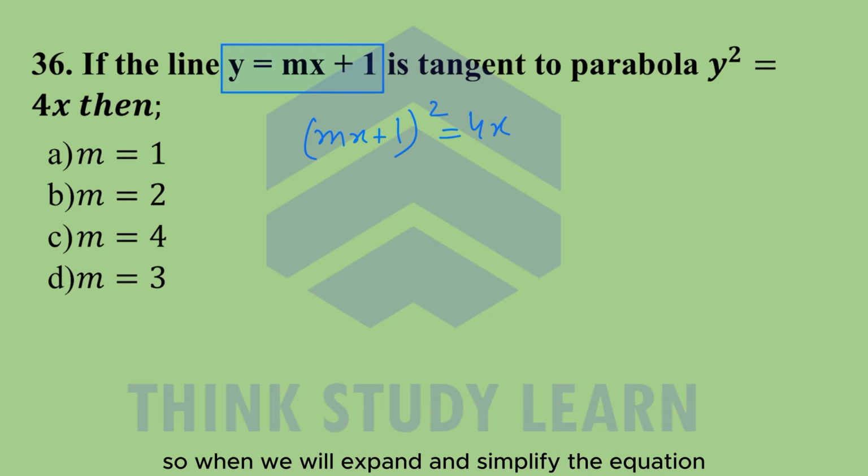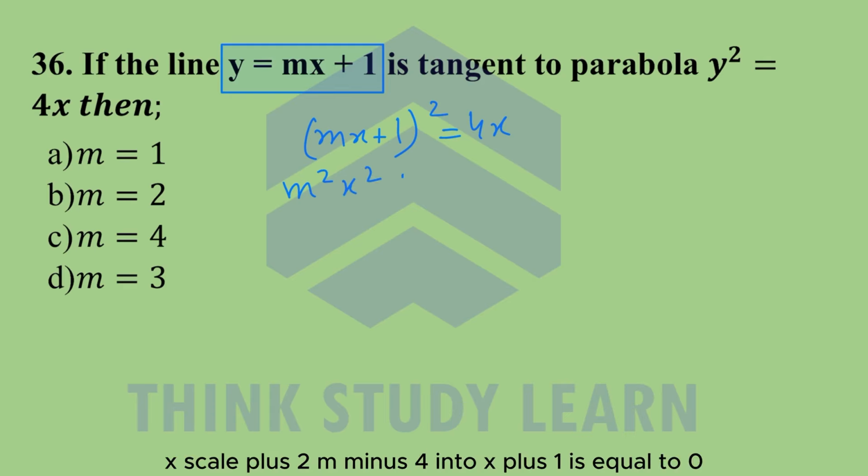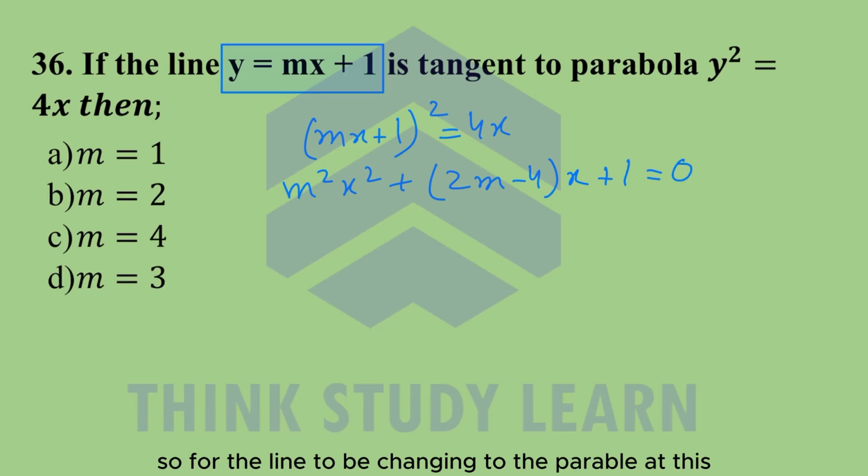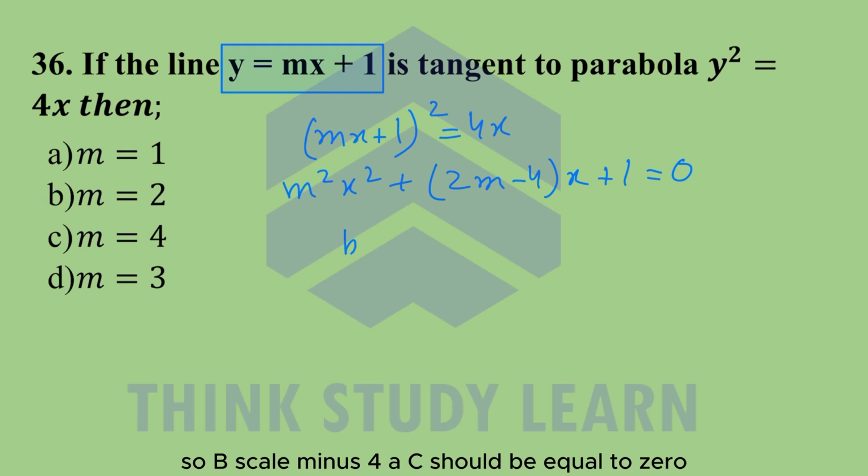So when we expand and simplify, the equation will become m square x square plus (2m minus 4) x plus 1 is equal to 0. So for the line to be tangent to the parabola, this quadratic equation in x must have exactly one solution. This will only happen when the discriminant of the quadratic equation is 0. So b square minus 4ac should be equal to 0.